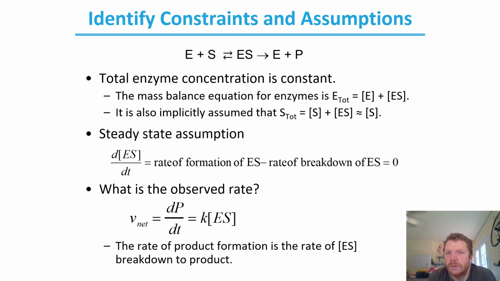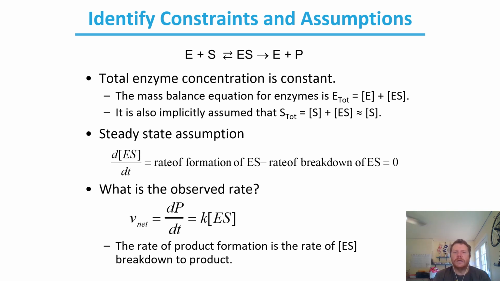Okay, so our steady state assumption is that the change in our ES complex concentration, the rate of formation of the ES complex minus our rate of breakdown of ES, is 0. So the formation of ES and the breakdown of ES, the difference between those is going to be 0.